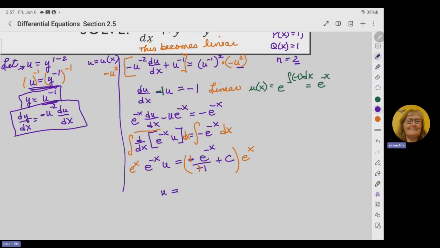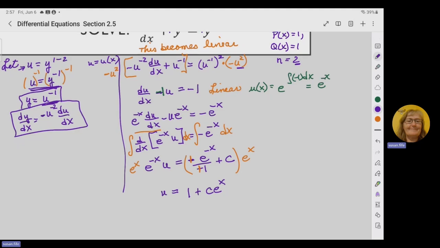On the right side, for the first term, e to the negative x times e to the x gives me e to the 0, which is 1. And then I get plus c e to the x. So here's my solution to the linear equation, but it's in terms of u and x.